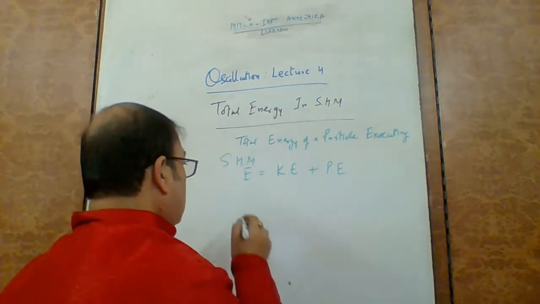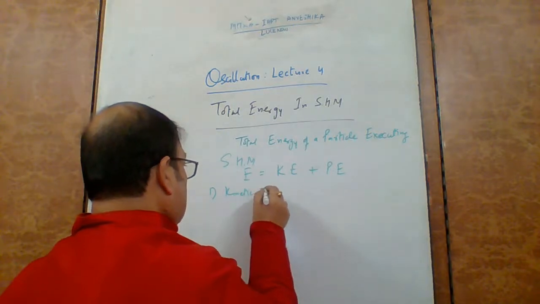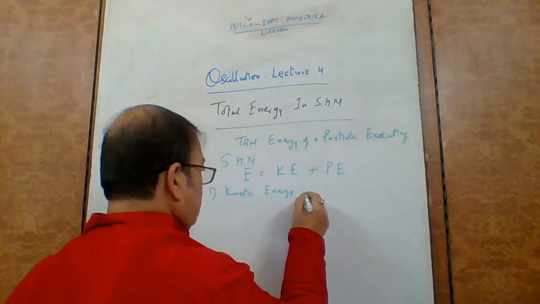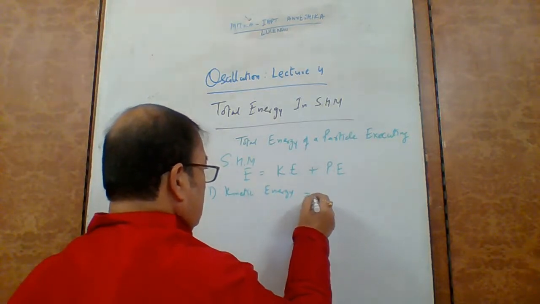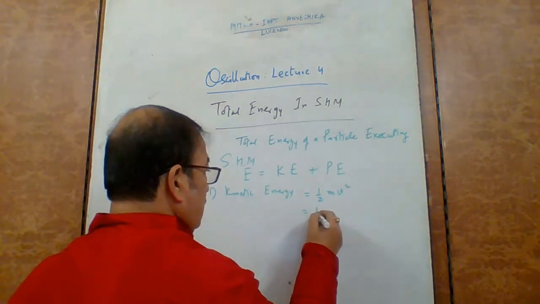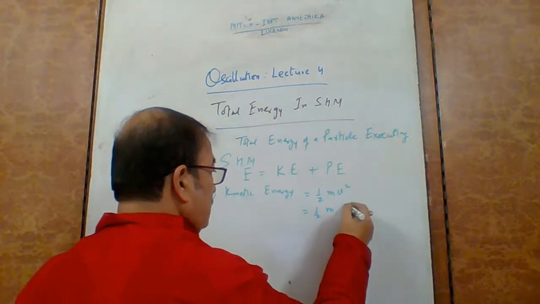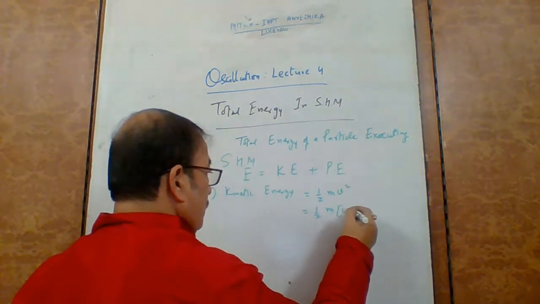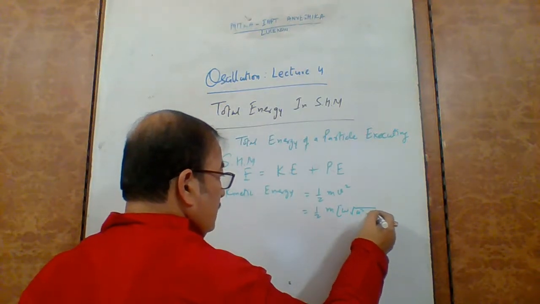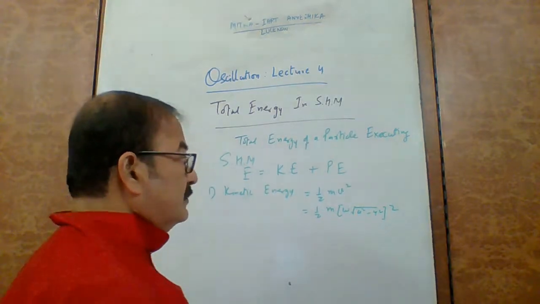First, we determine the kinetic energy. Kinetic energy equals half mv squared, and in place of v we must know this is equal to omega under root a squared minus y squared, whole squared.